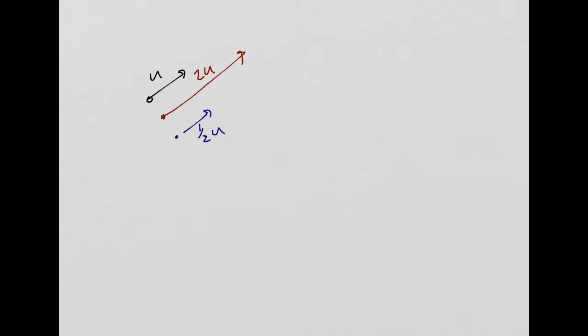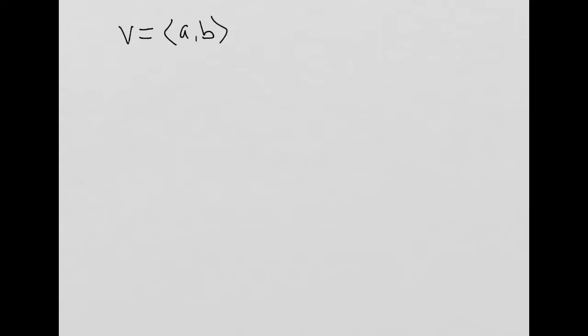But we want to go over, too, how I can represent this in the coordinate plane. So if I have a vector v, your text uses these angled brackets to record that it's a vector. And what this is really saying is this vector, if I start at some point, I'm going to travel some distance a in the horizontal direction, some distance b in the vertical direction, and that's going to give me my vector v.